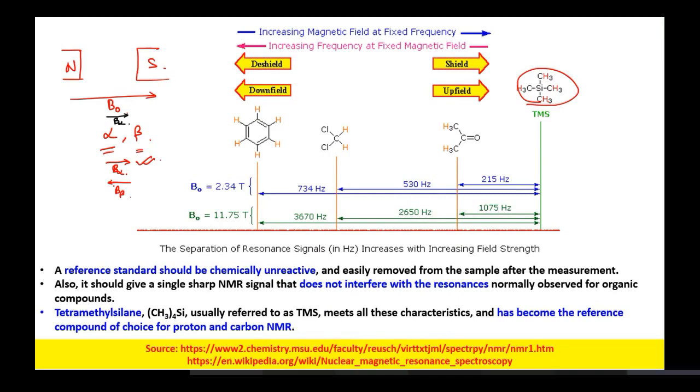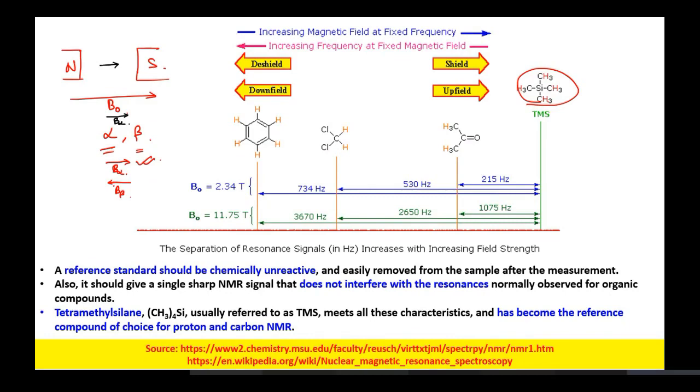Now we have talked about this. So we are expecting that this magnetization vector within this magnetic field would be in this direction, perfectly aligned. That's very good.